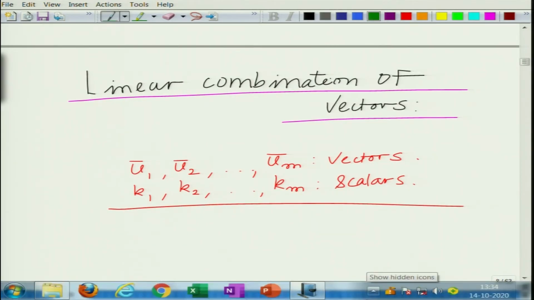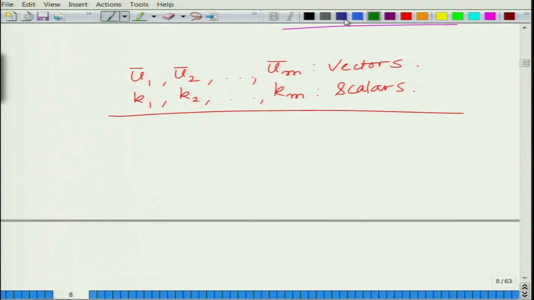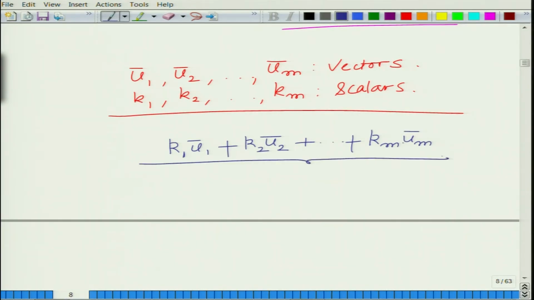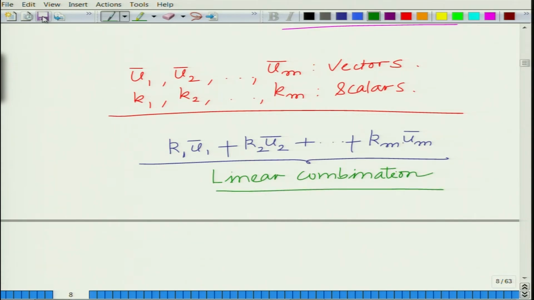Then the linear combination of vectors is basically given by multiplying each scalar coefficient by the corresponding vector and adding them. So, this is essentially the concept of the linear combination of the vectors, right.